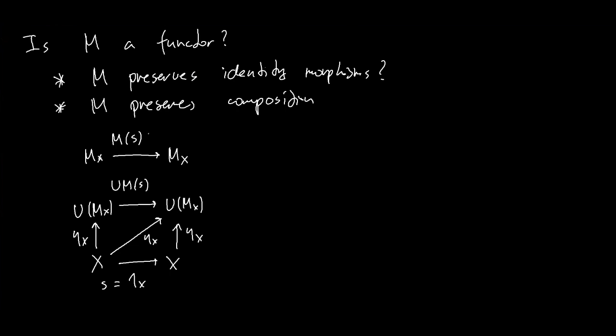I just want to check whether actually it equals or not the identity morphism of MX. So preservation of identity morphism means that I want M of identity to be identity of M of X. So this thing here is identity of M of X, because this thing here is M of X. We write M of X as MX.